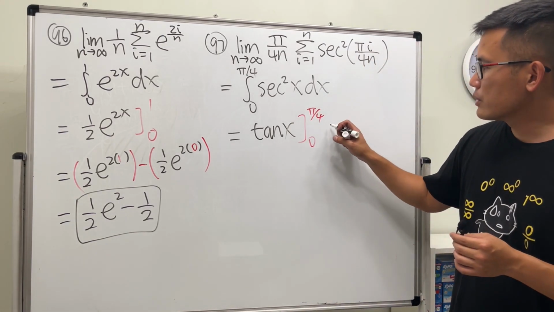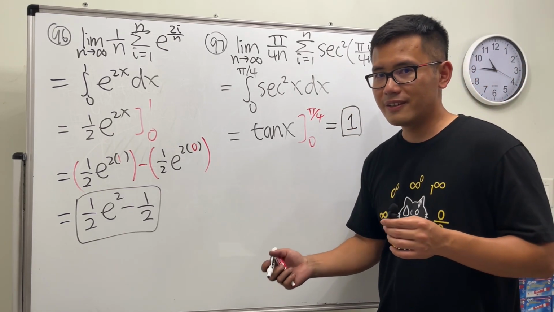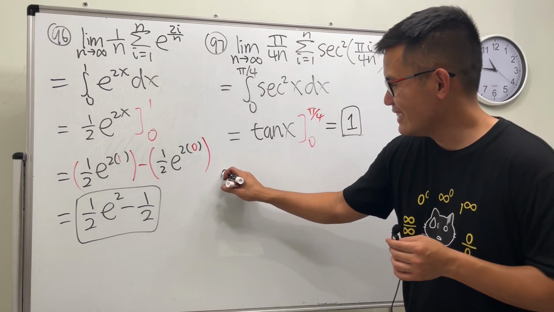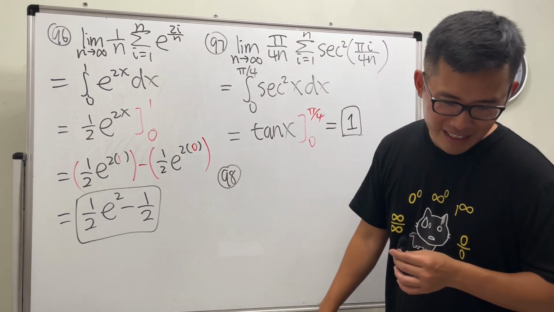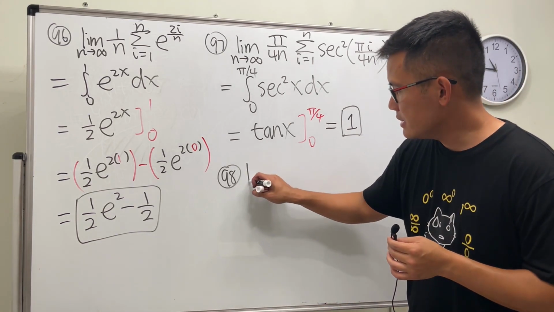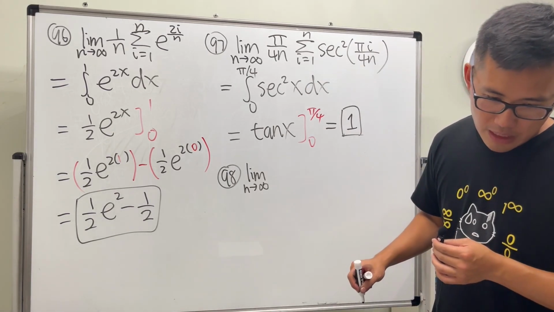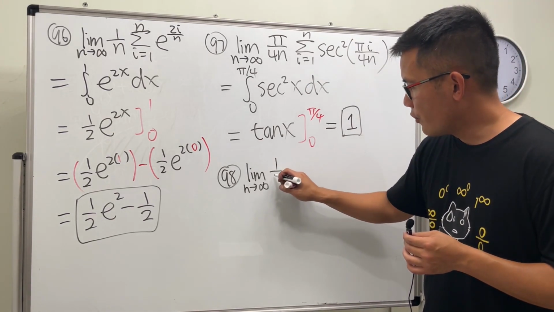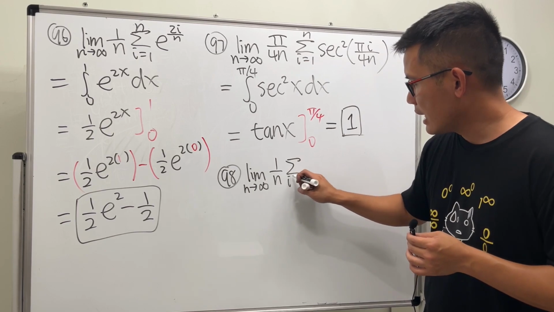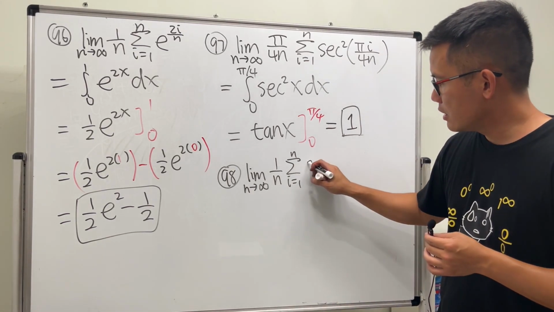I'm just going to write it right here, because I want to fit another question here. Number 98. Here's the limit as n goes to infinity, and then we have 1 over n, sigma i goes from 1 to n, and then we have cosine of i over n.